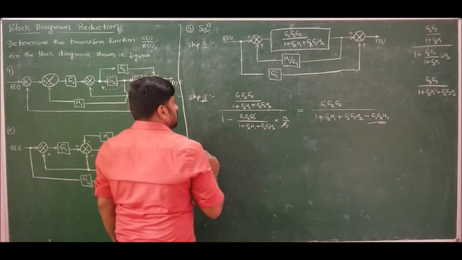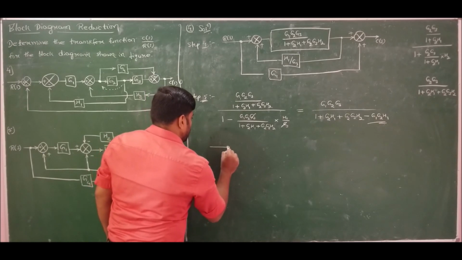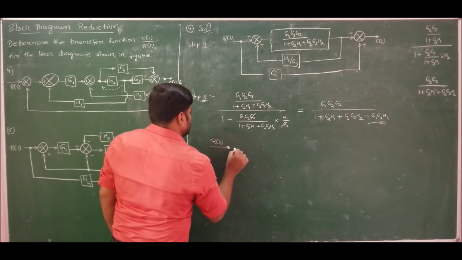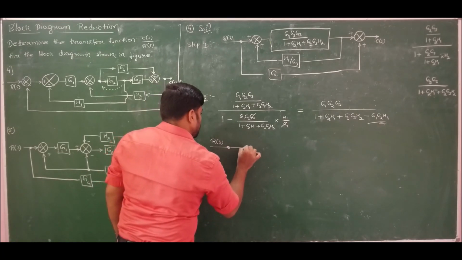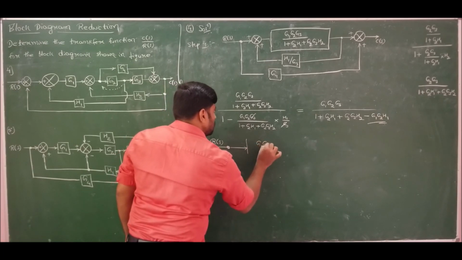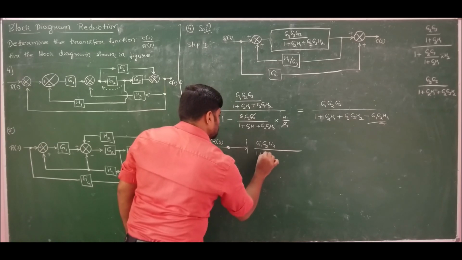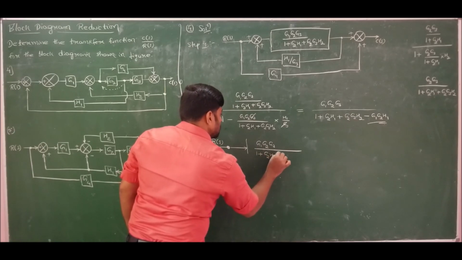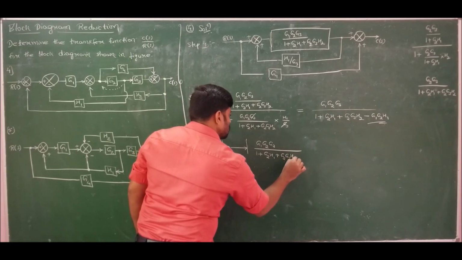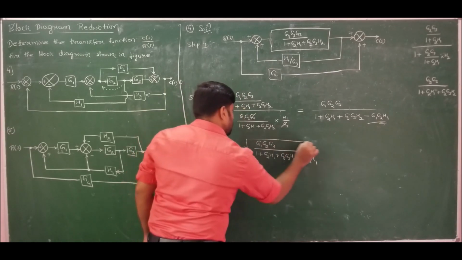So therefore step number 5 will yield us the solution as, we have a takeoff point for R of s, and we have a block whose value is known, G1 G2 G3 divided by 1 plus G2 H1 plus G2 G3 H2 minus G1 G2 H1.